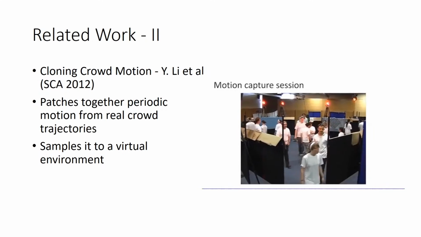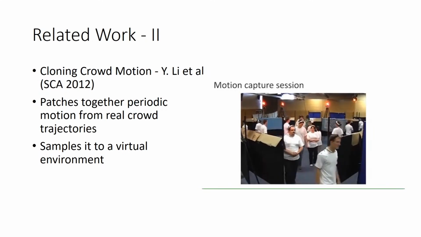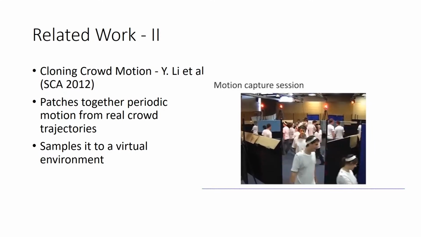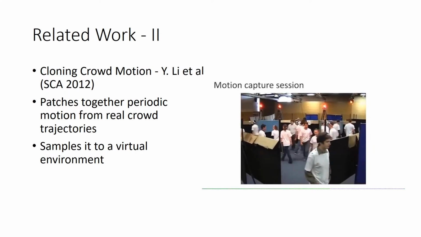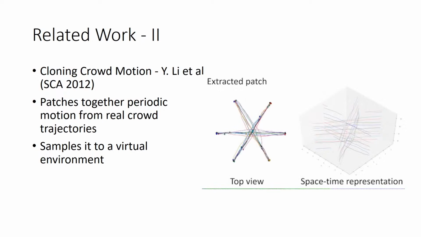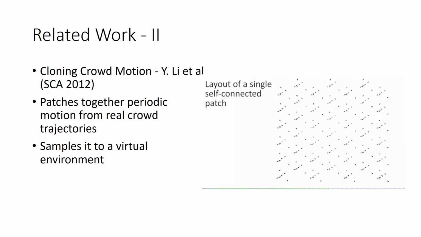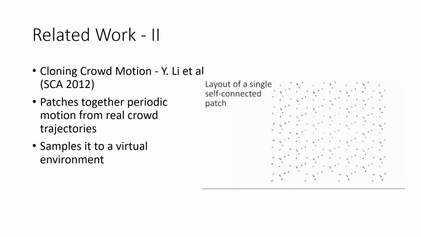Cloning crowd motion is another work from 2012 where they collect a set of real trajectories, making use of lab conditions where people move around, and then create patches of these trajectories and then use an optimization to blend these together to create larger and larger scenarios, allowing you to extend this repetitive motion through space and time.